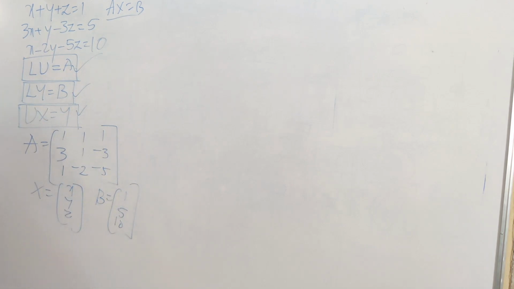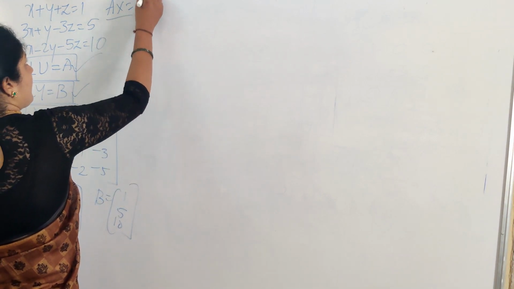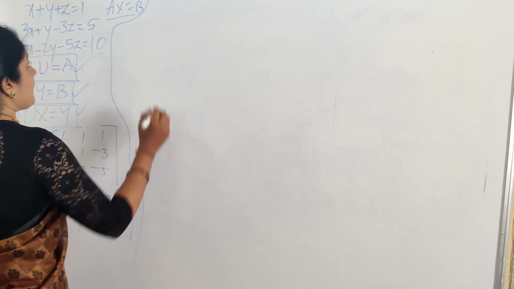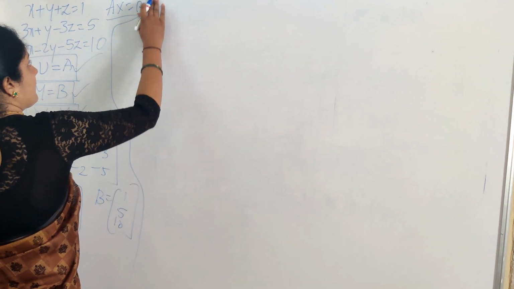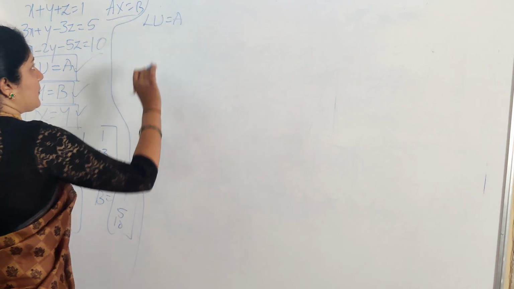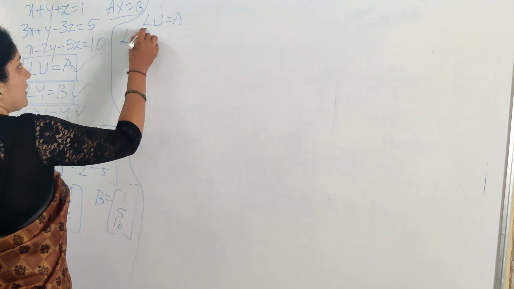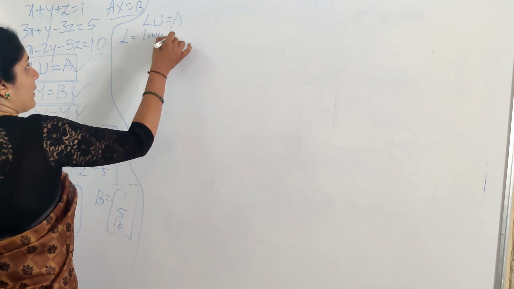Now, after this, the first one is LU equal to A. So, what is L here? L is nothing but the lower triangle matrix.